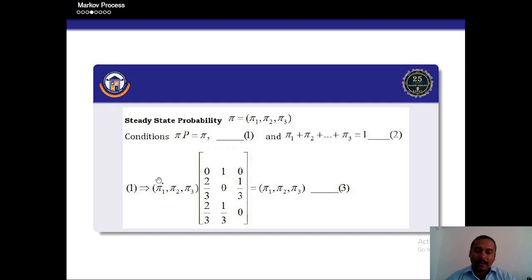Now multiply the left side matrices and equate with the right side vector. So for the first term, take this vector and multiply with the first column. So pi 1 into 0, 0, pi 2 into 2 by 3 plus pi 3 into 2 by 3.